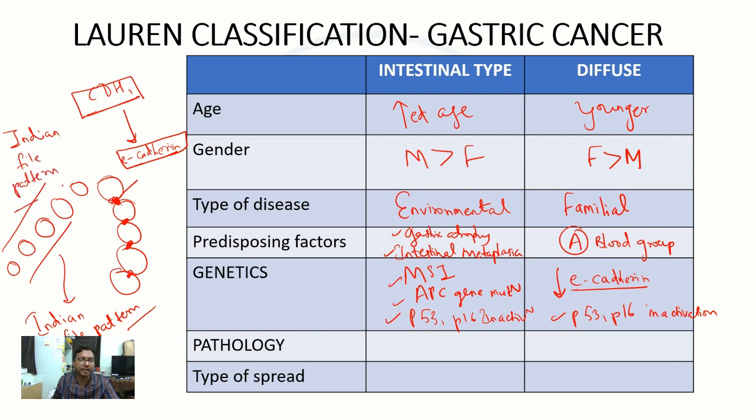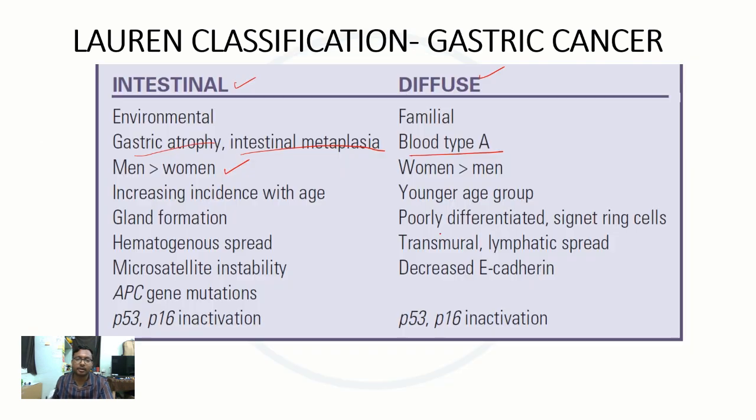All the cells will be separated from each other because the binding protein, which is your E cadherin, is decreased here, right?